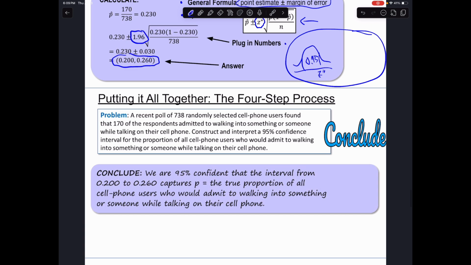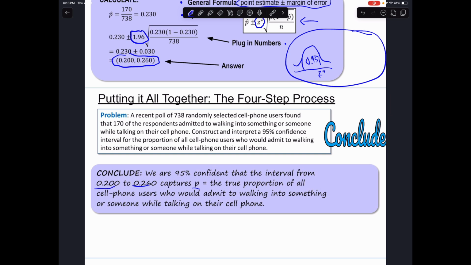And then conclude is the last C. Okay? So it's our exact template. We're 95% confident, blank to blank, captures the true P. Right? So they're about like 23%, give or take. Sure. Right? They're 95% sure, confident, that interval will do a good job of capturing the true P. But who knows?